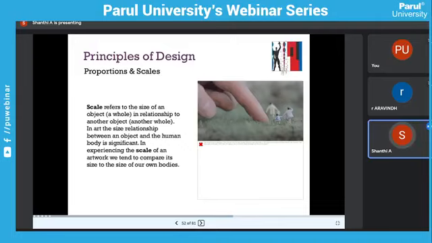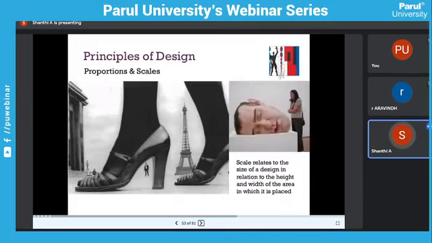So the table is one good example where it has been proportioned rightly for any human structure using it. And again, scaling something big will also grab your attention. This has been emphasized here, and this gives you a lot of meaning here.